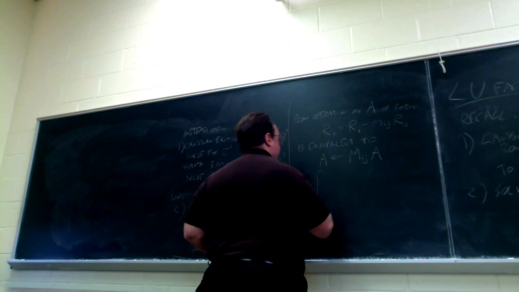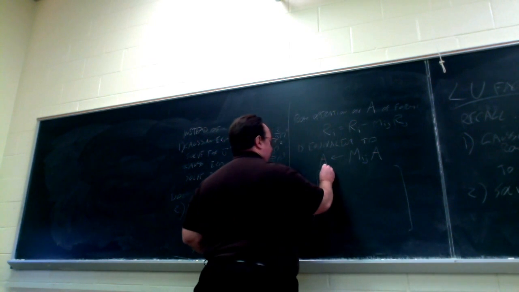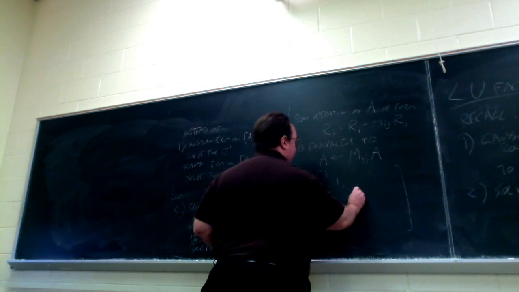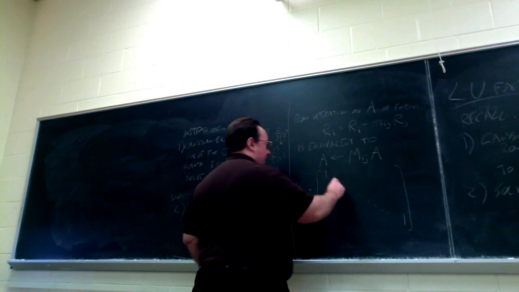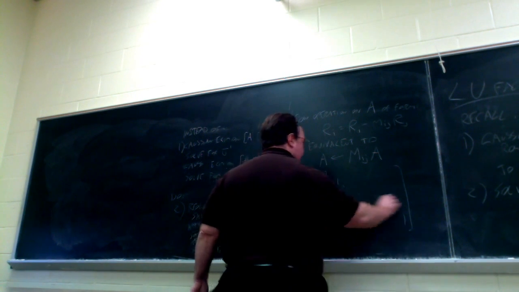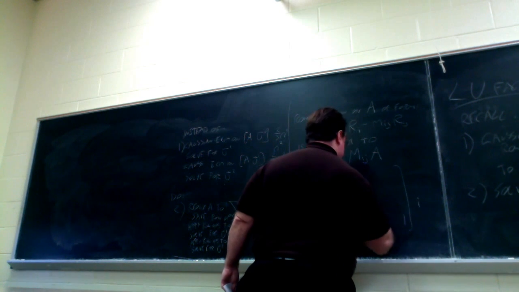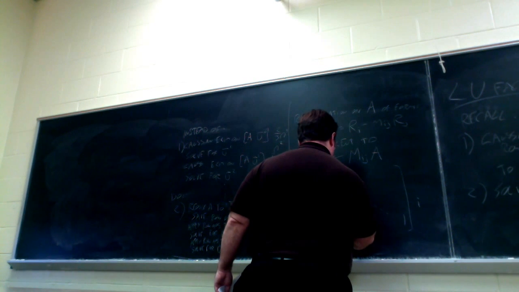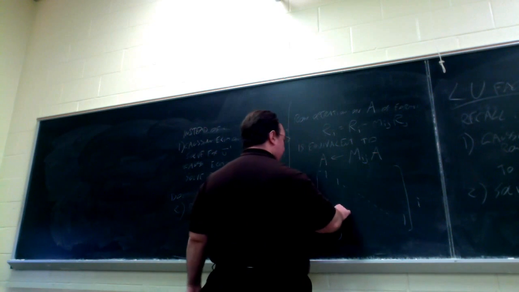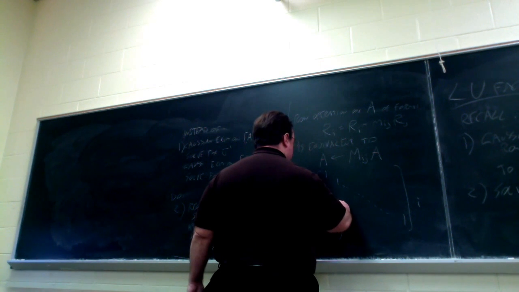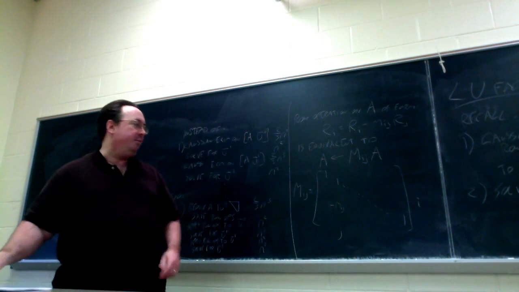Mij is equal to essentially the identity matrix, except in row I, column J, so in this spot, we have minus the multiplier, little mij.